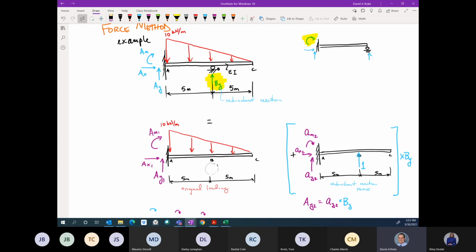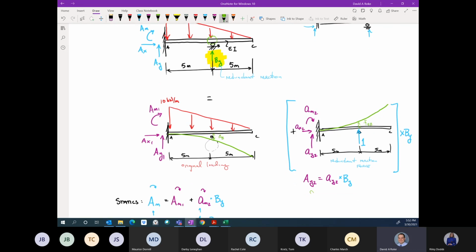Where things fall apart is the deformed shapes, right? The deformation of this looks something like that. The deformation of our second problem looks something like this. And the problem that we have is the deformation here is actually 0. So what we need to do is determine the magnitude here, which we will call capital delta B. And here in class, we would have treated this as FBB.